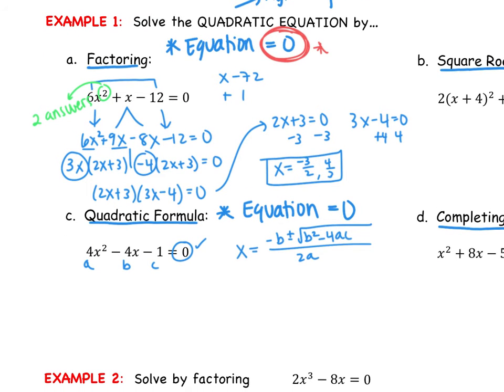Okay, so then if we do that with the problem we have, b is negative 4. So the opposite of that is positive 4. Plus or minus the square root of negative 4 squared minus 4 times a times c all over 2 times a.